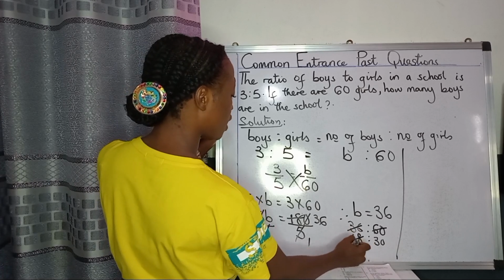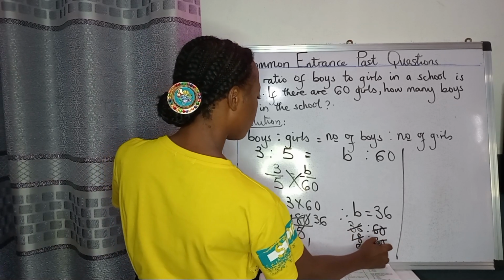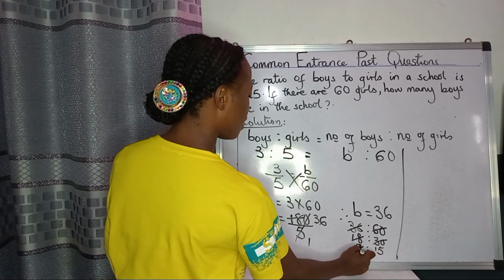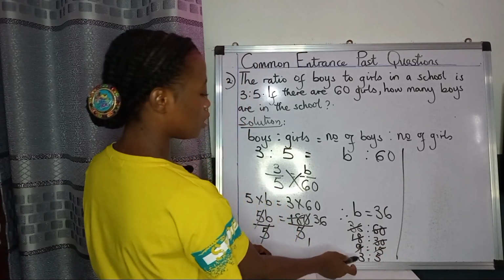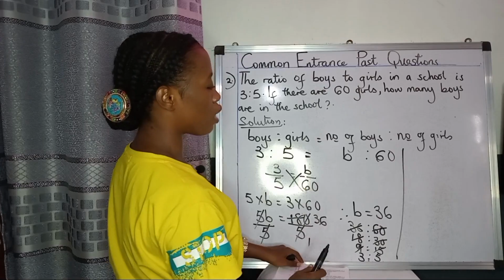Now, 2 here is 9, and 2 here is 15. Now, 3 can divide. 3 in 9 is 3, and 3 in 15 is 5. So this gives me the ratio of boys to girls. So that means we are correct.